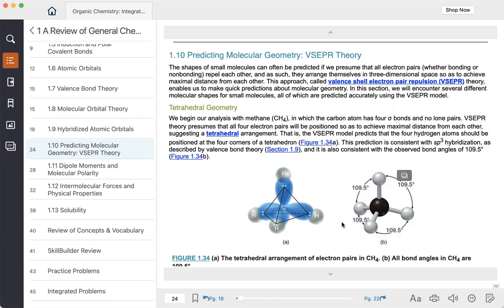This tetrahedral arrangement is what we'll see for carbons with all single bonds, nitrogens with all single bonds, as well as, I guess, if you count the electron lone pairs, also oxygen with single bonds, and some others too.